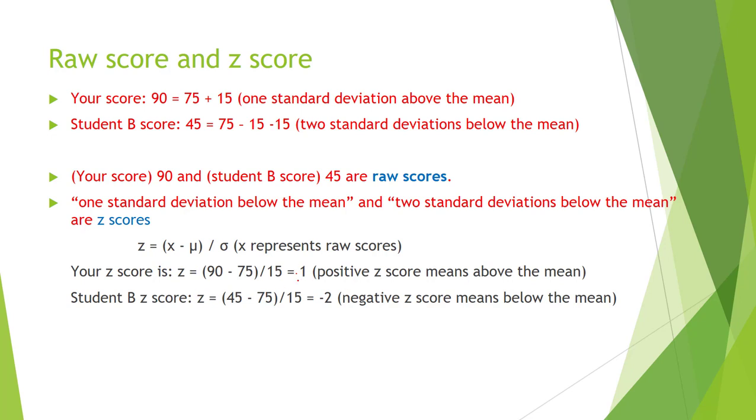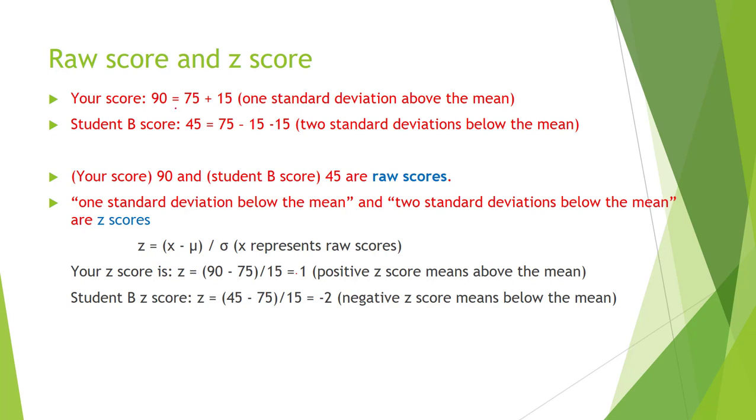Student B is 45 minus 75 divided by 15, which would be negative 2. So the number is negative. That means student B's test score is below the mean. How many standard deviations below the mean? 2 standard deviations below the mean.